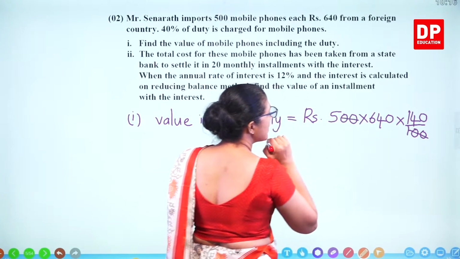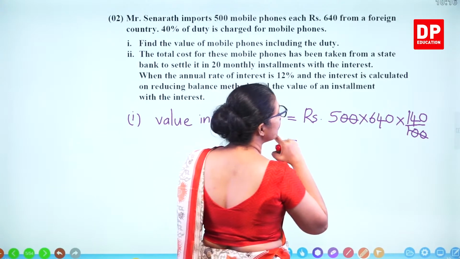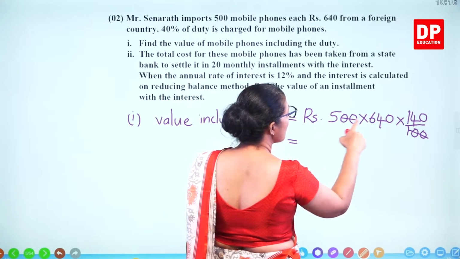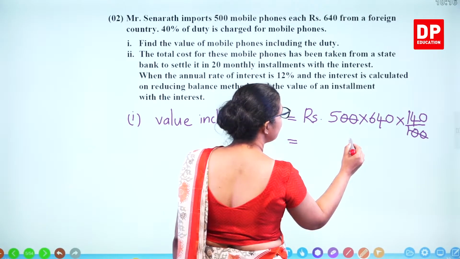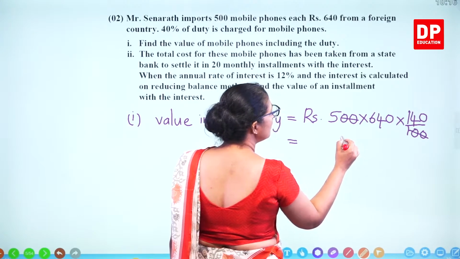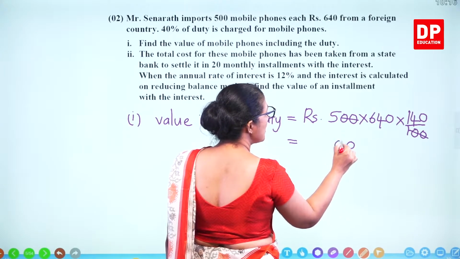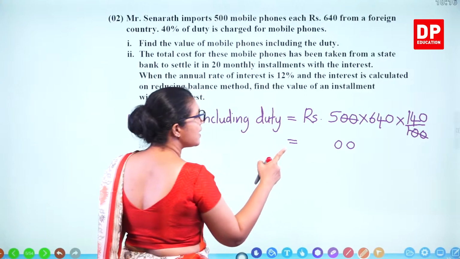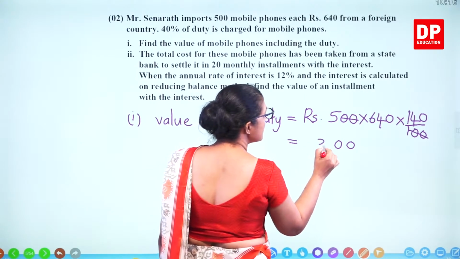The zeros get cancelled out. 5 times this: 0. 5 times 4, 20. 2 remaining. 5 times 6, 30. 32.